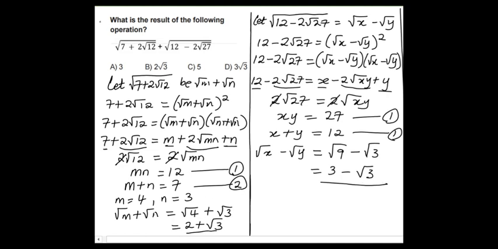So let's add them together: 2 plus root 3 plus 3 minus root 3. You will see that root 3 minus root 3 is 0. You now have 2 plus 3, which is equal to 5. So that's it.